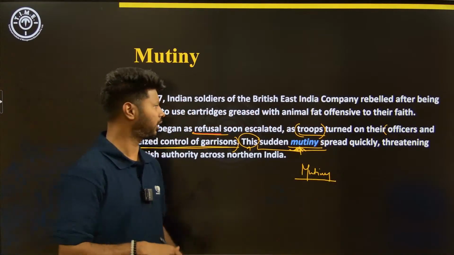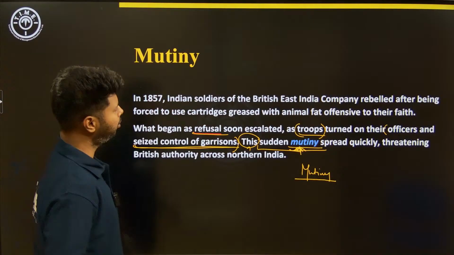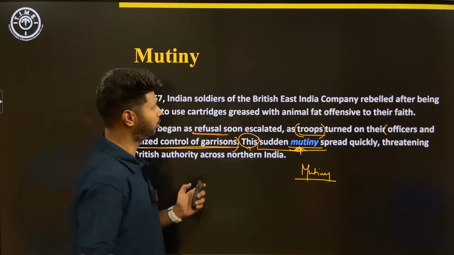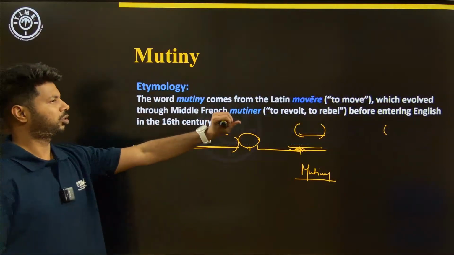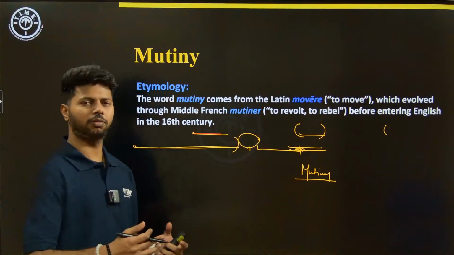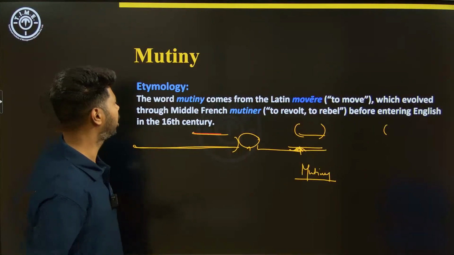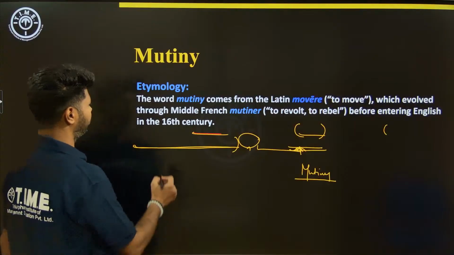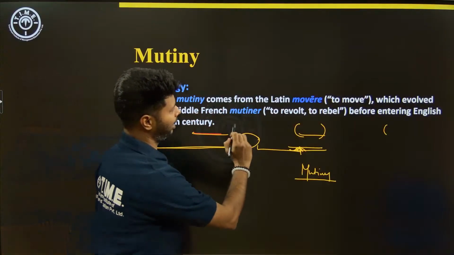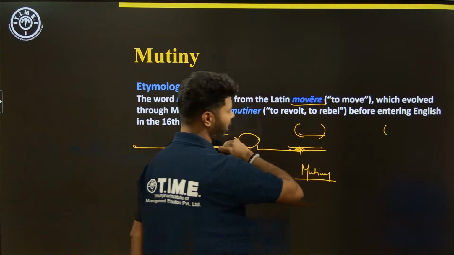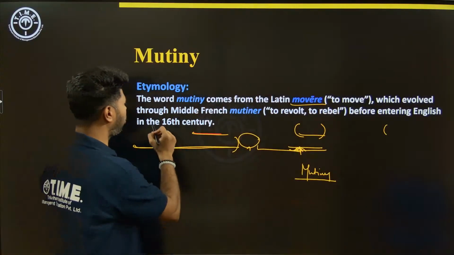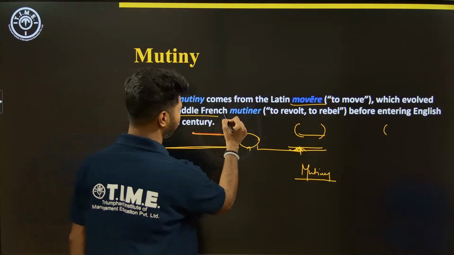Right? Let's take a look at the etymology of the word. And etymology is basically the history of where the word comes from and how the roots are involved in creating the final word. Okay, so the word mutiny comes from the Latin version movere, to move, which evolved through Middle French mutiner.